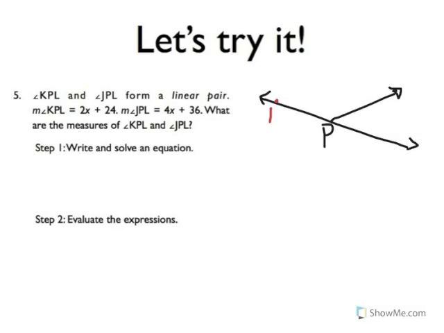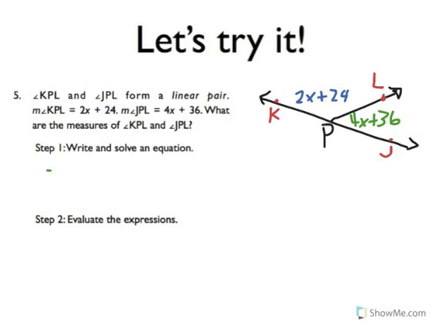And we have point K and L and J. So angle KPL and angle JPL form a linear pair. We're also told that the measure of angle KPL is 2x plus 24, and the measure of angle JPL is 4x plus 36. So now that we have a figure, it might be easier to write our equation.